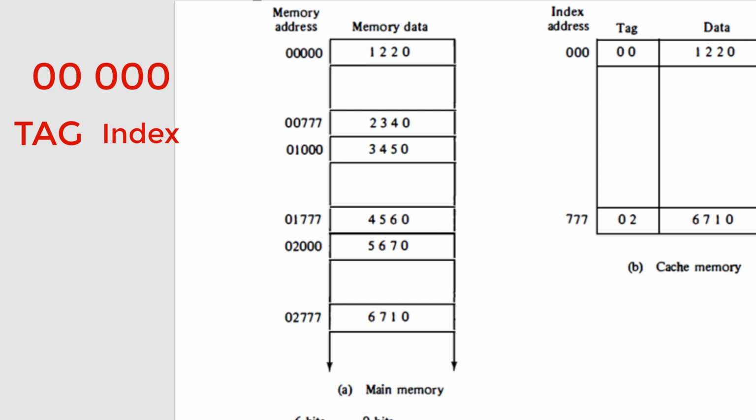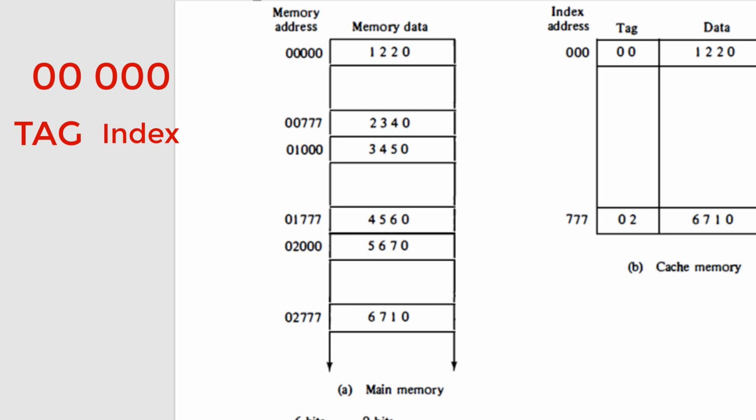Now the index of main memory and index of cache is 000. The tag here is 00. Now I'll explain it by zooming the diagram and comparing it with the content of main memory and cache.